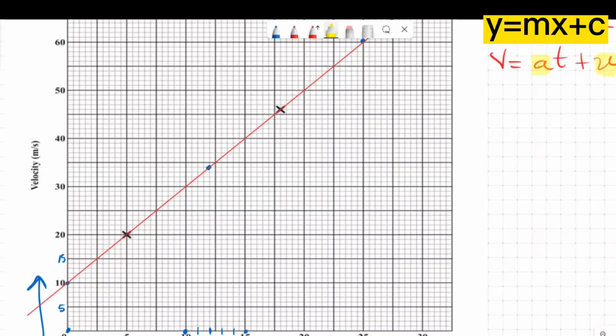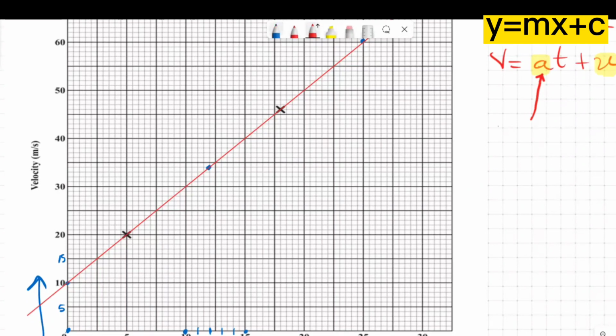And just as though y and x are just the variables on the y and the x-axis, so it is that the velocity and the time are the variables on the y and the x-axis. So definitely we can liken that to our gradient. So that is the gradient.